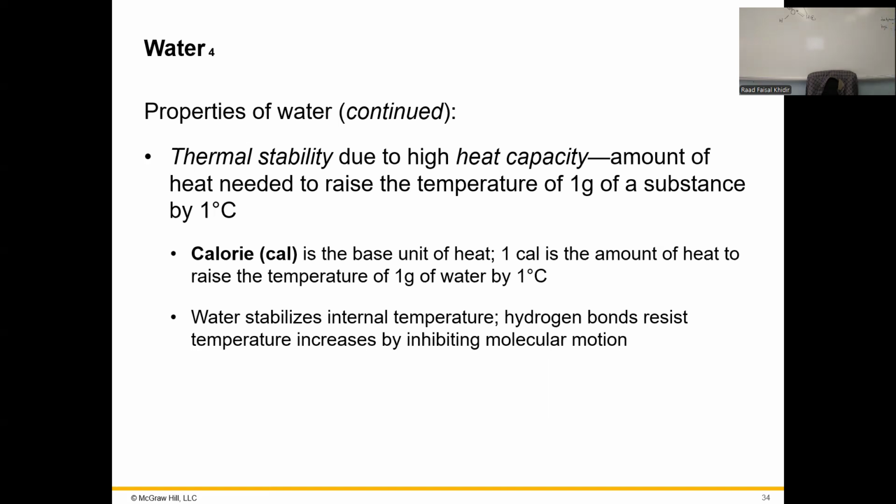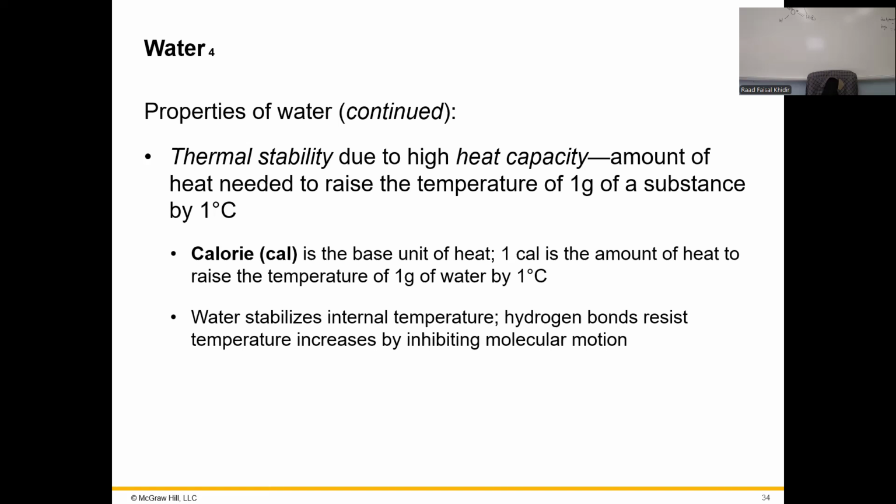So far, what are the three properties of water that make water the substance of life? Number one, it's a versatile solvent. What else? It has a high heat capacity. Very good.